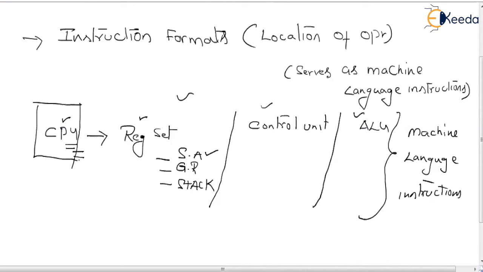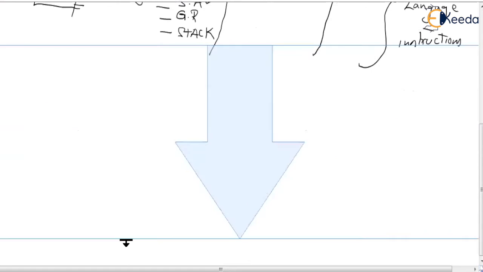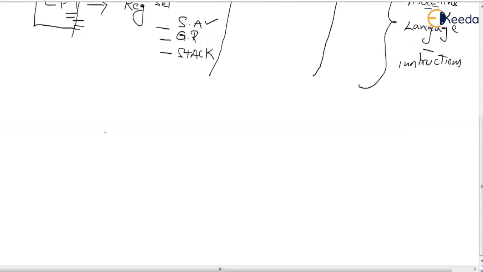Why are machine language instructions needed? Just try to understand. When you write a program, this program will be in a high level language, right? Either by using C or C++ or Java, you're going to write this program.